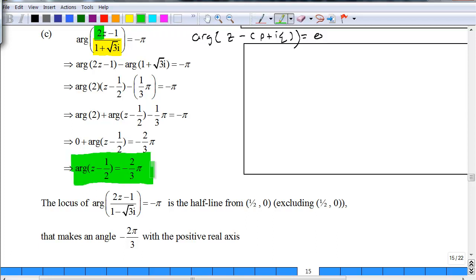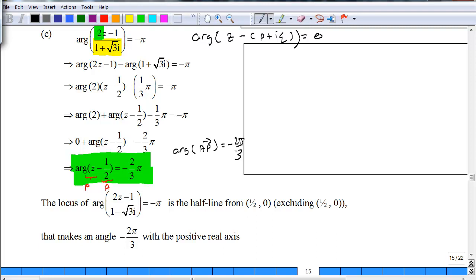Alright, and again, therefore, we are looking at argument of z represented by the point P, minus half represented by the point A. So it's as if we are looking at what angle the vector AP makes with the positive horizontal, and in this case it's actually negative 2 pi over 3.